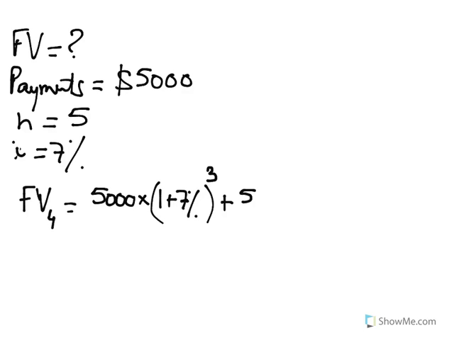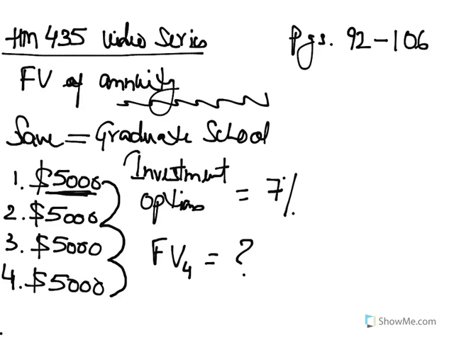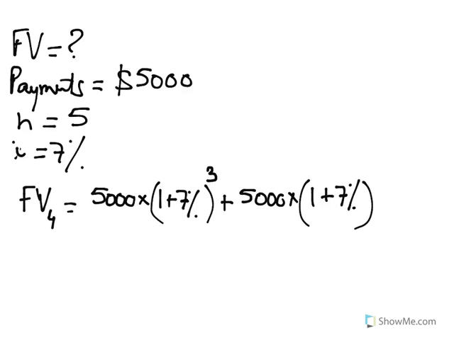We have our next $5,000, and we do the same thing. 5,000 times 1 plus the 7% to the power of, can you guess? Exactly. You'll move this 1, 2 years. So you move this by 2 years.